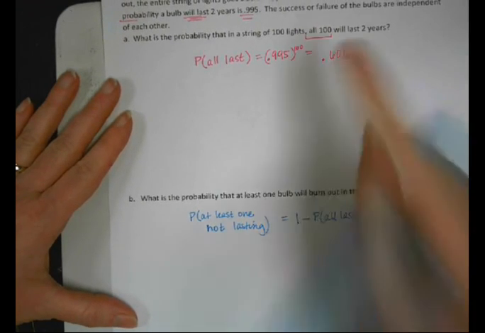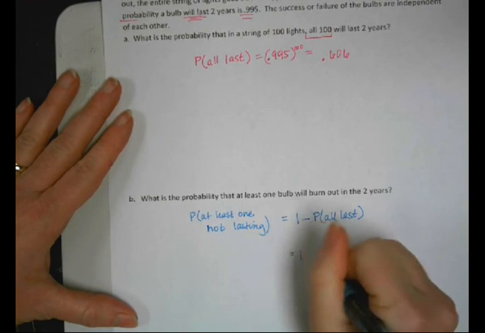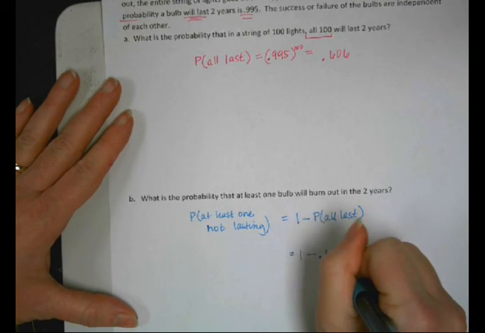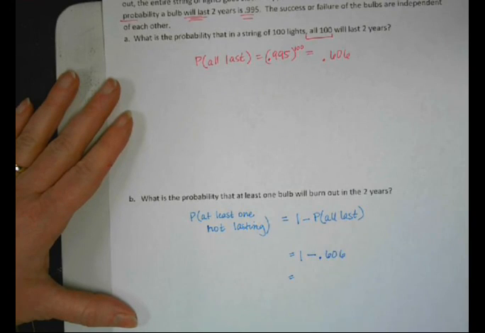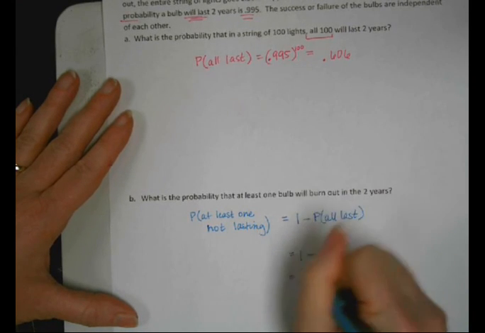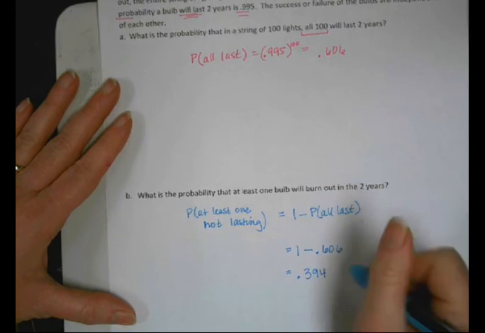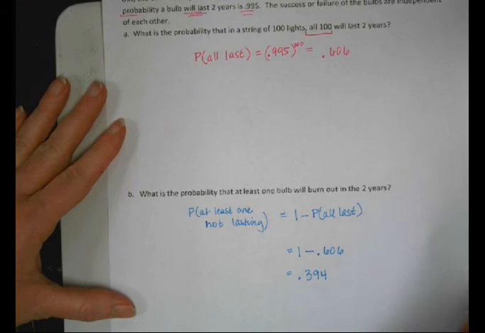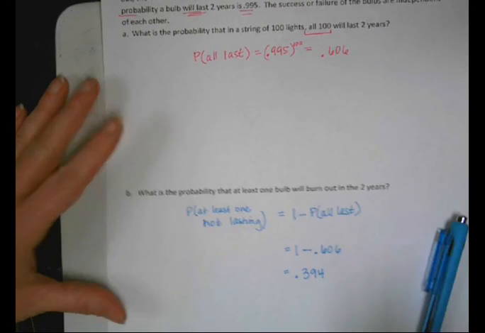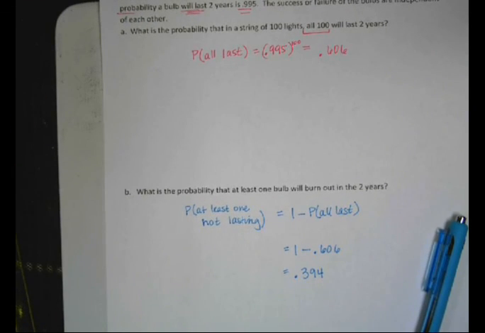And we just calculated that. So that's 1 minus 0.606, which equals 0.395. That's it. Now you should be able to finish the rest of my labs.